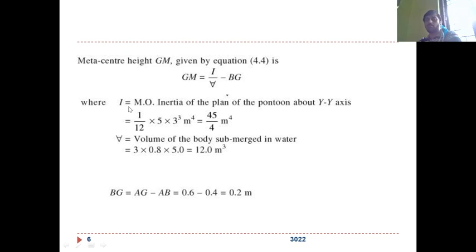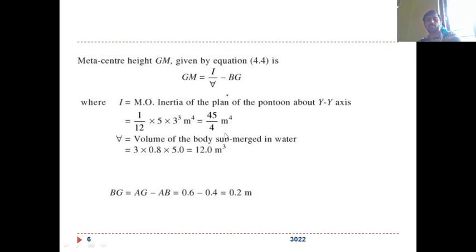If you are calculating the moment of inertia about the y-axis, the dimension parallel to the y-axis is B, and D is the dimension across the y-axis. So 1 by 12 BD cube will give you the moment of inertia in meter to the power 4.